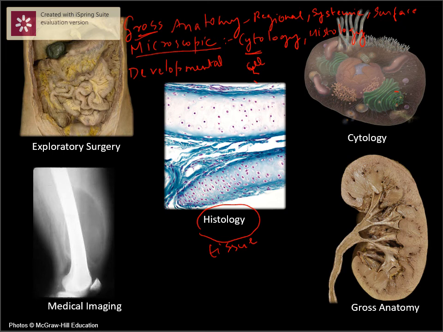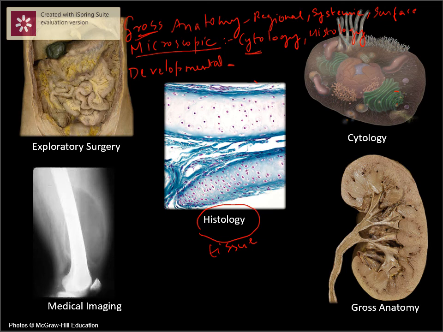And then the third branch we have is developmental anatomy. Developmental anatomy is the study of the changes in an organism through the lifespan, starting from conception all the way to death.